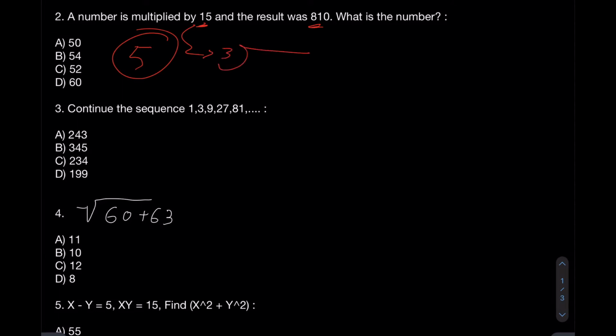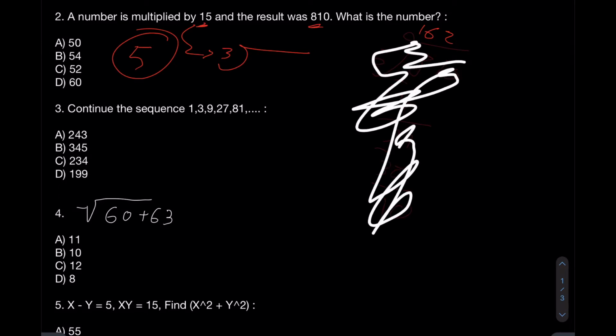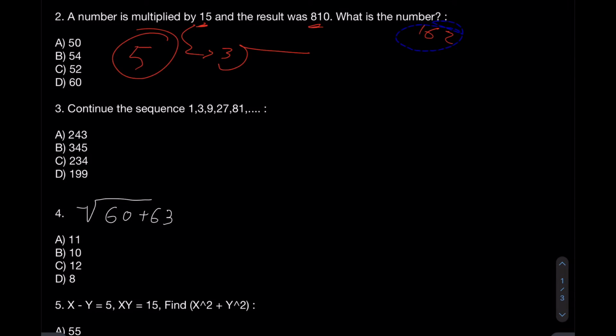And 810 divided by 5, let's do that real quick. We've got 1, 5, subtract 3, bring down the 1. That will be 6. There we go. 162. And of course, we don't have any more remainders. And so we can divide 162 by 3 way more easily.